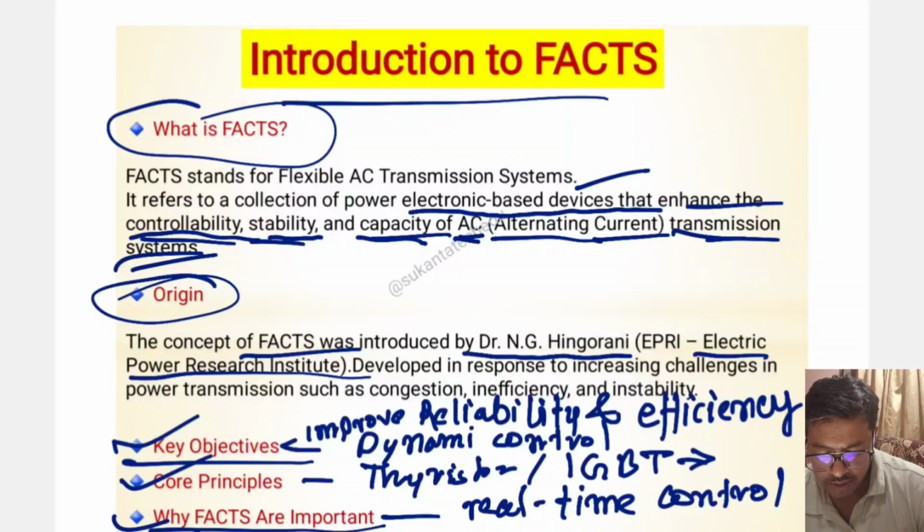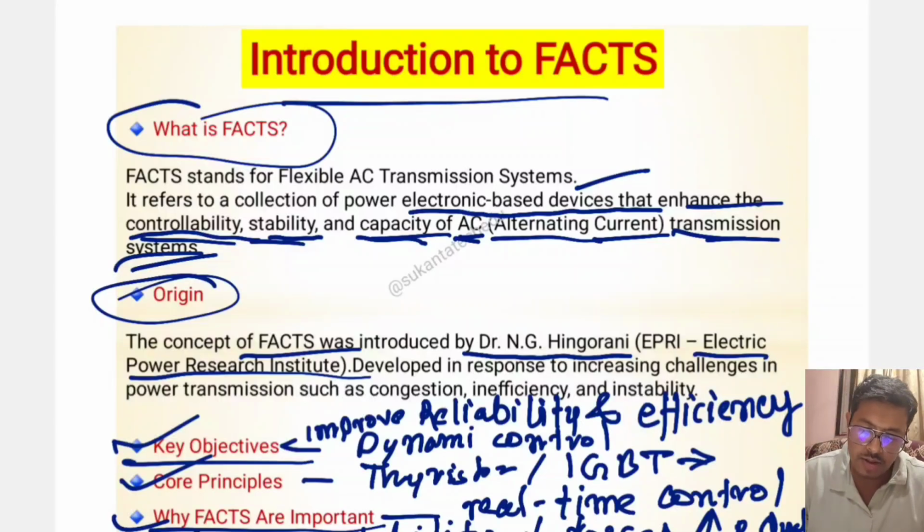And then what are the main benefits? They increase the power transfer capability, enhance the voltage and transient stability, reduce losses, and improve power quality. So these are the main benefits of FACTS.